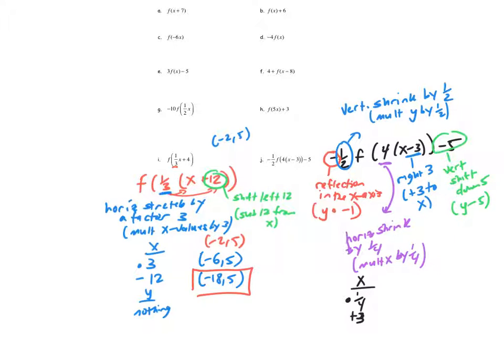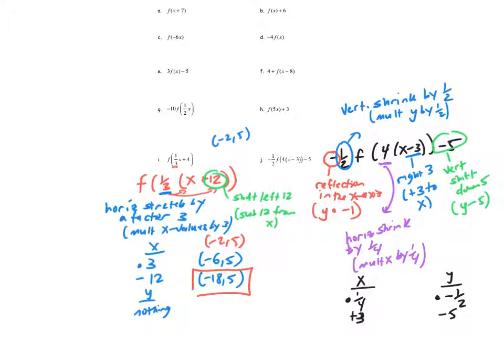And for the y values, we are going to multiply by -1 and 1/2. I'll combine those, so times -1/2, and then we have to subtract 5.